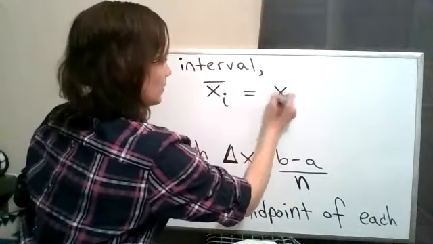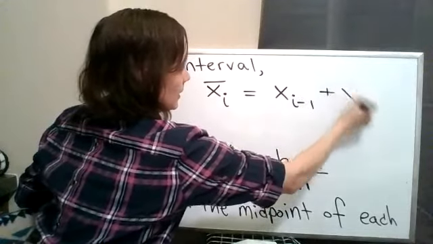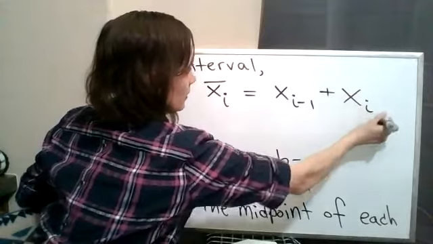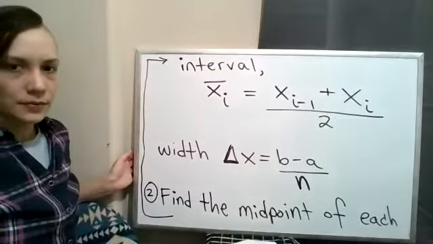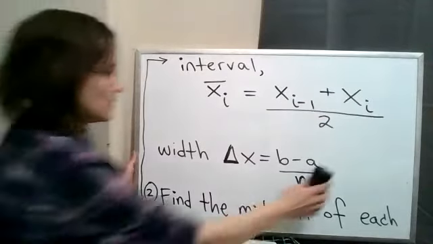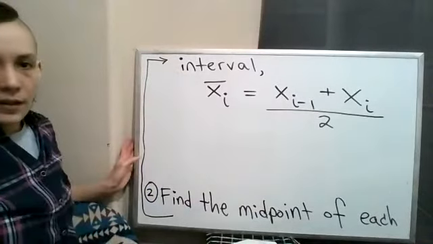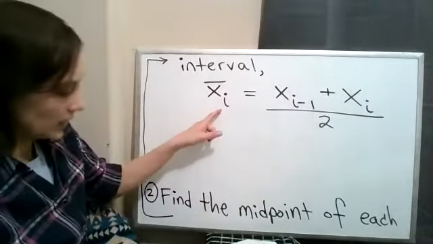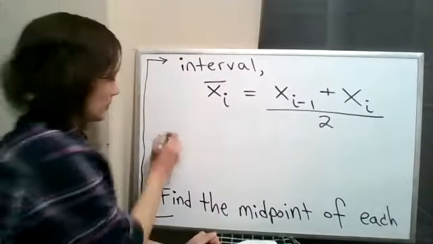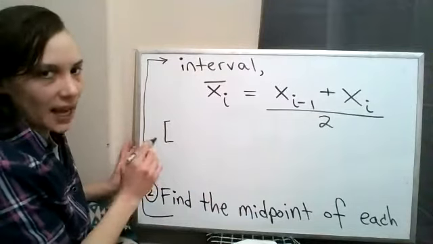So x sub i minus 1, add x sub i. Find each of those midpoints, and also the values of i are between 1 and n.